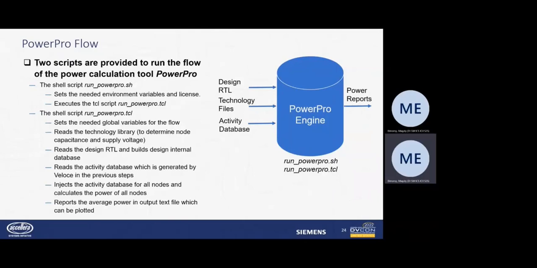Then it injects those activities into the nodes of the RTL, which would generate a huge database for the power values. It sums those up and generates a nice report about the average power dissipated by the circuit in a text file.